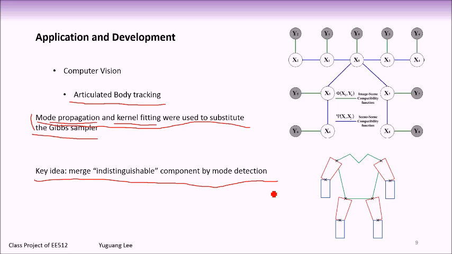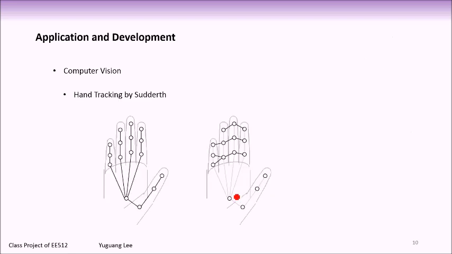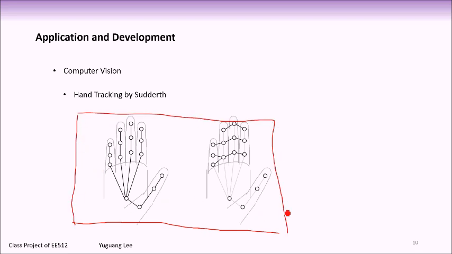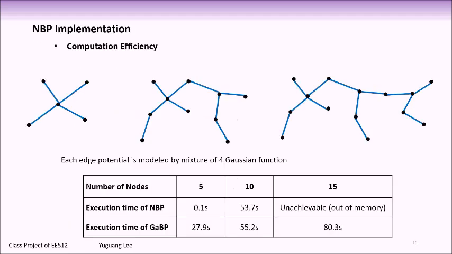The key idea here is to merge indistinguishable components by mode detection. This method accelerates the classic NBP quite a lot by using non-parametric belief propagation.